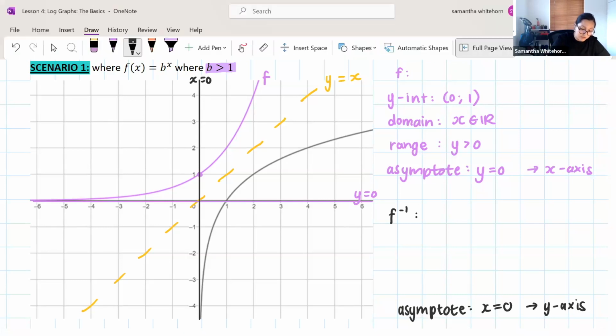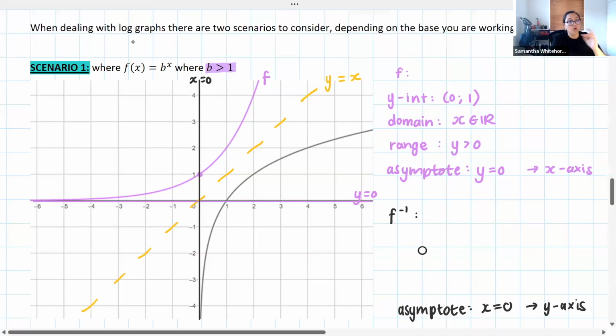The second thing that we should remember is that coordinate swap. Originally I had a y-intercept at (0, 1). If we swap that coordinate, we now have (1, 0). (1, 0) is an x-intercept. And so rather than a y-intercept, we now have an x-intercept at (1, 0), again because of that swap with x and y.